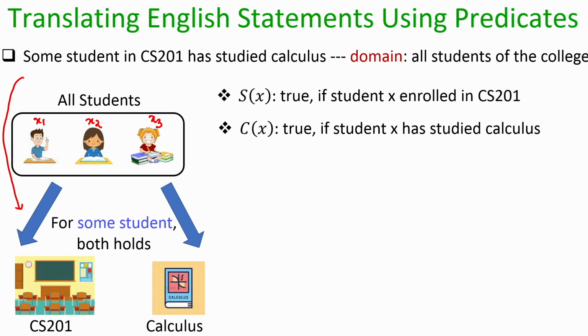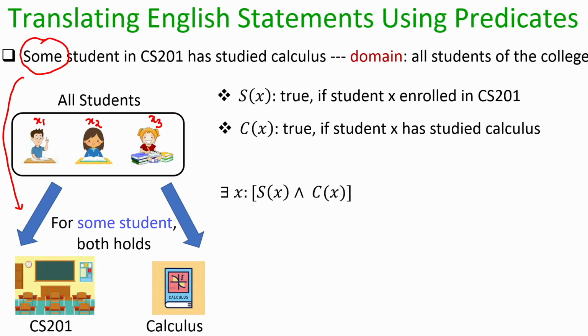That means the property that x has enrolled for CS201 and has studied calculus holds simultaneously for the same x, and this is true for at least one x, because I am saying it is true for some x, I am not saying it is true for all x.